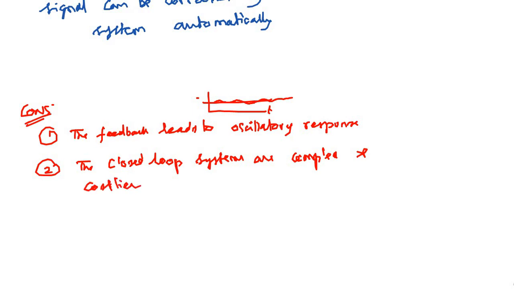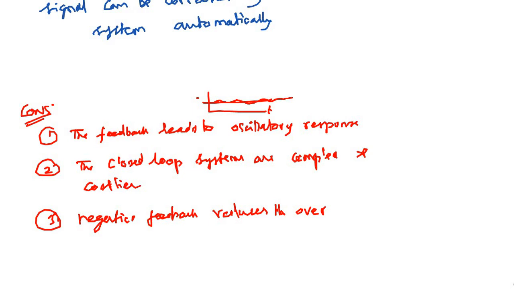Okay, you have negative feedback. So this negative feedback will reduce the overall gain of the system. So negative feedback reduces the overall gain of the system.